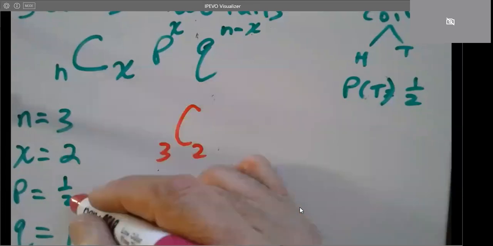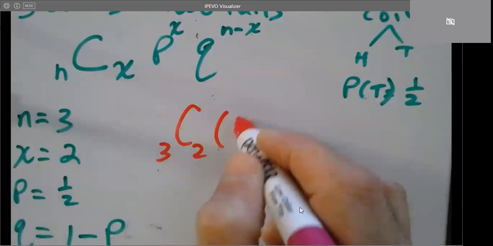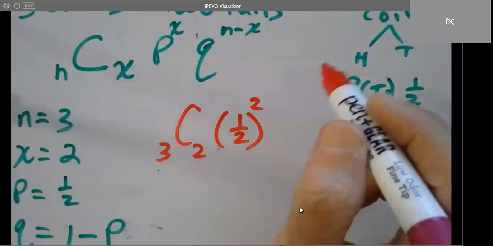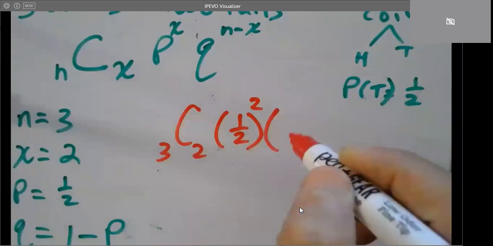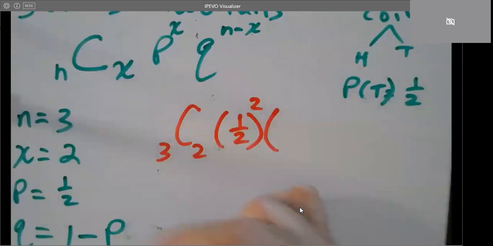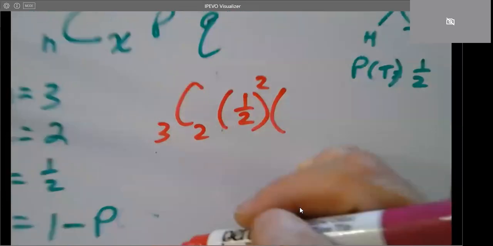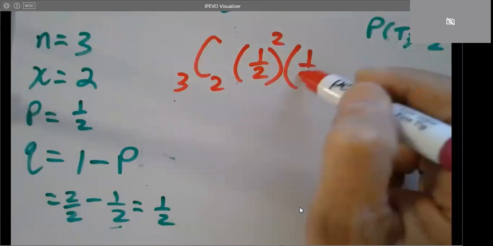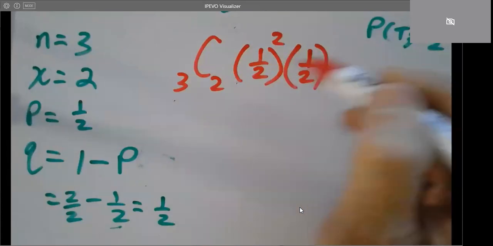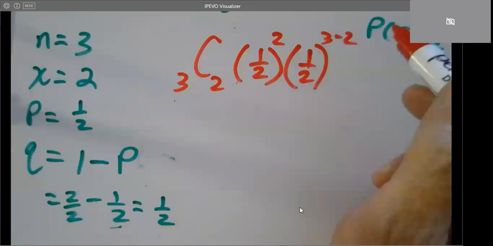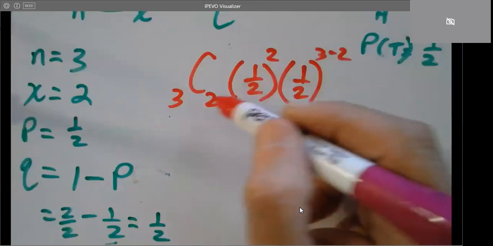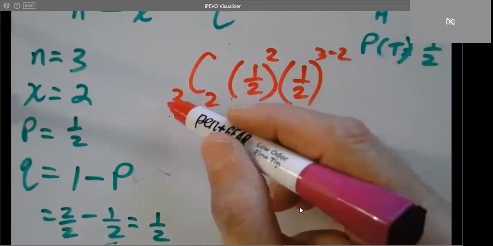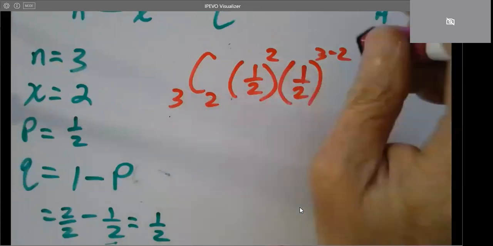P, we said, is 1/2. This exponent is the same as x, so the exponent is 2. And q, we said, is also 1/2. The exponent for failure is just the difference of the total and x, so 3 minus 2 is 1.